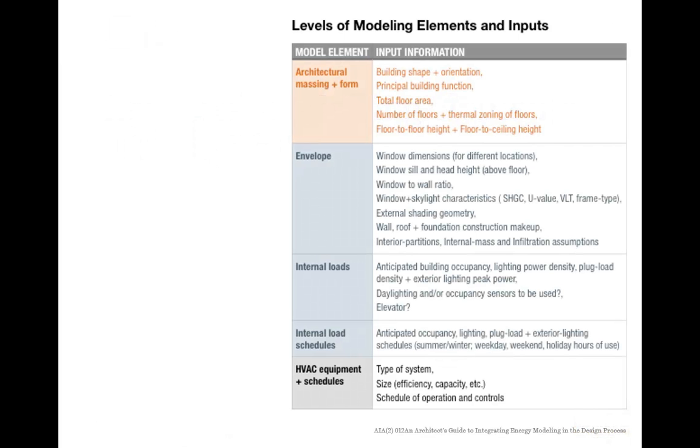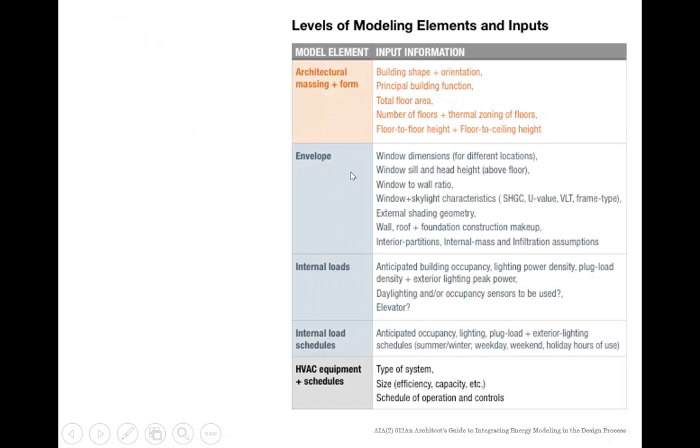So within any building, you don't provide the same level of comfort to all spaces. A lecture theatre, for example, would have a certain comfort parameter, whereas a storeroom would have a very different comfort parameter. So you can define those zones. Floor to floor height, floor to ceiling height, obviously important.